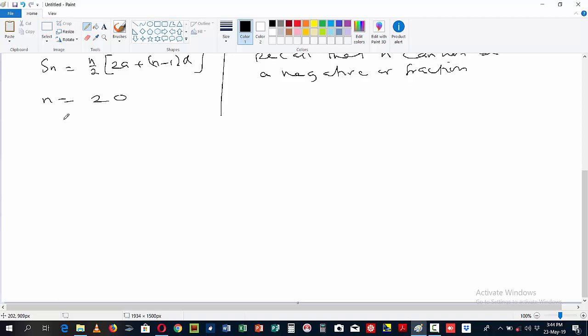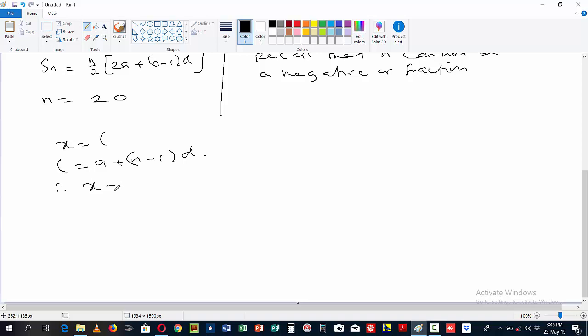So if my n is equal to 20 now, we need to determine the value for x. What is the value for x? x is the same thing as the last number. And the last number is the same thing as a plus n minus 1 into d. We know our a, we know our d.